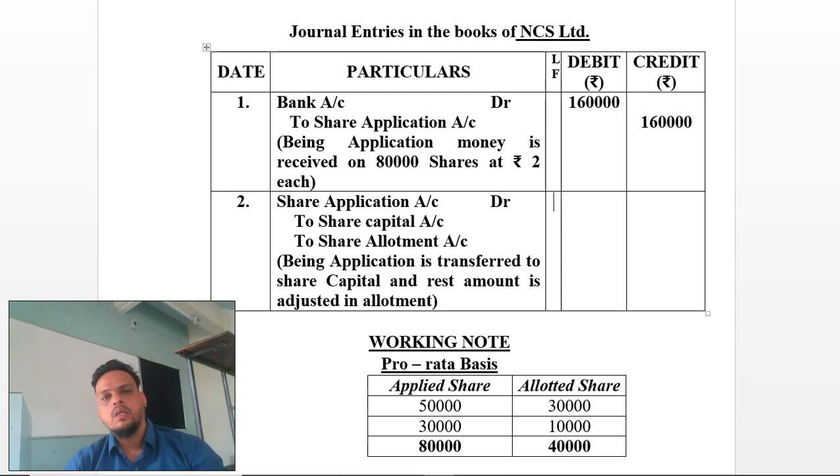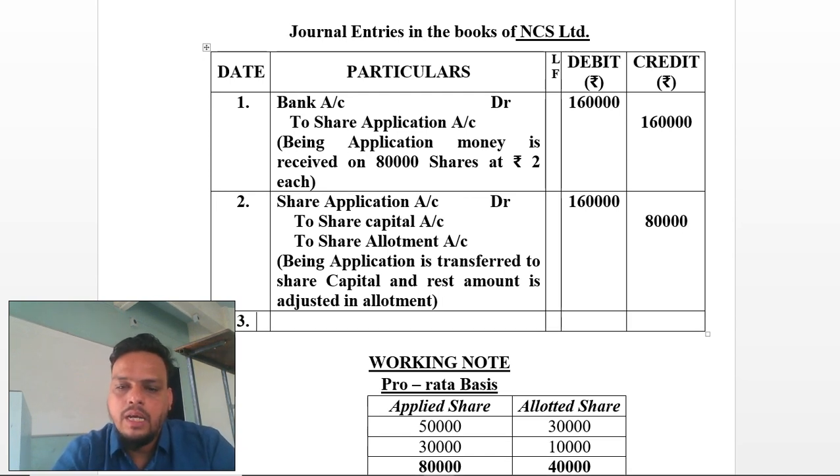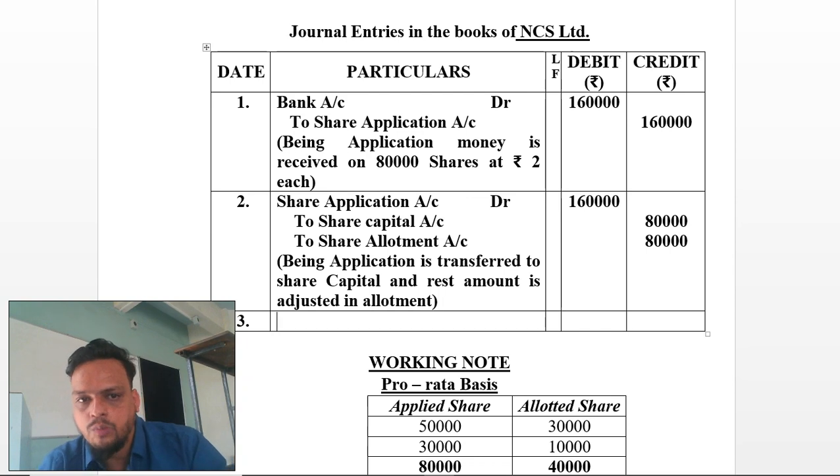Bracket close. Now I am writing the amount exactly. 1,60,000 we have received. Out of that we have transferred 80,000 to share capital, and then 80,000 is being transferred to allotment.